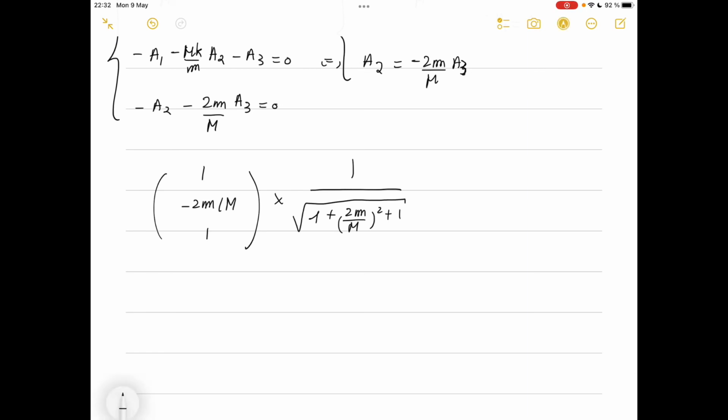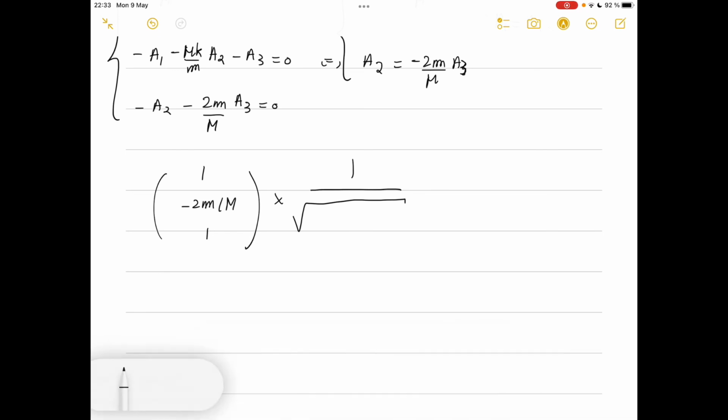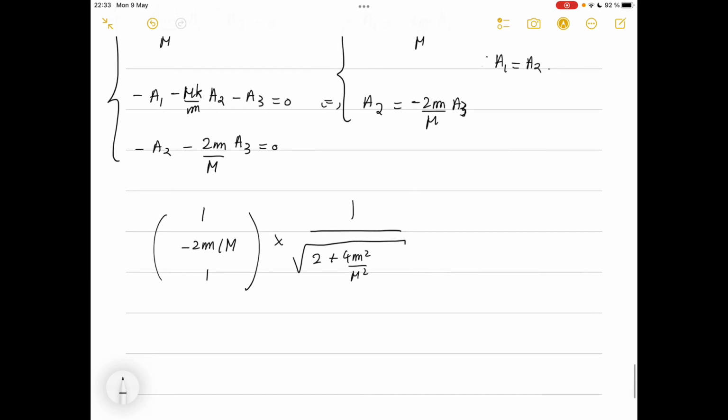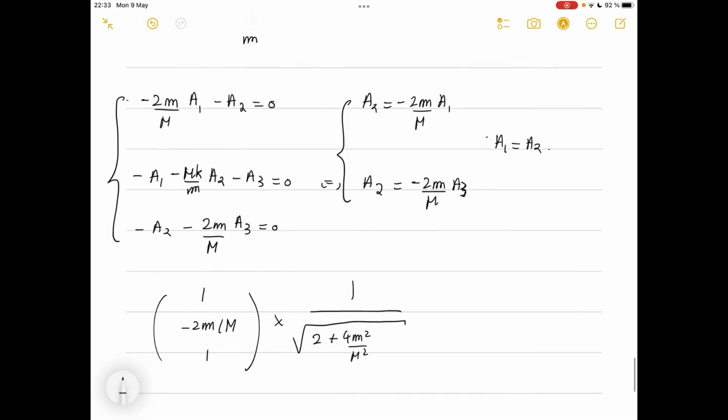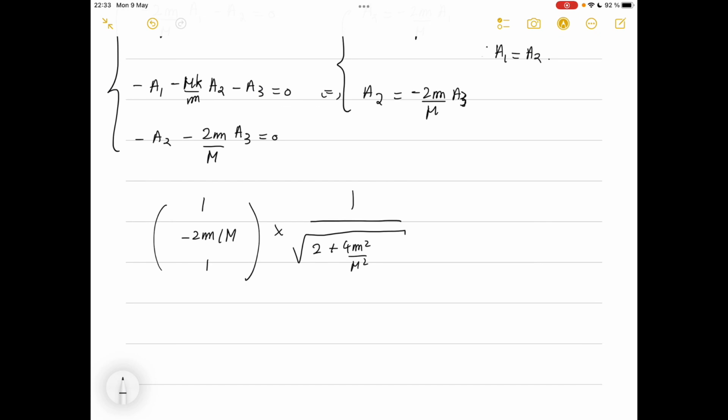Let's just simplify the square root a little bit. That's not very important. We're just normalizing the eigenvector, which is standard practice. So we found all the frequencies and the normal modes.